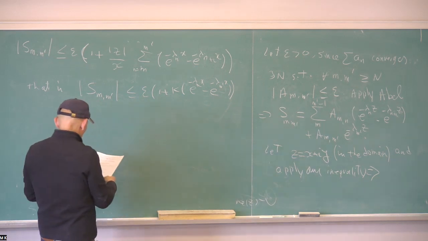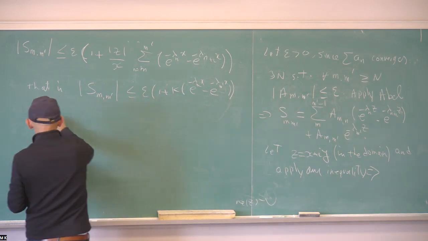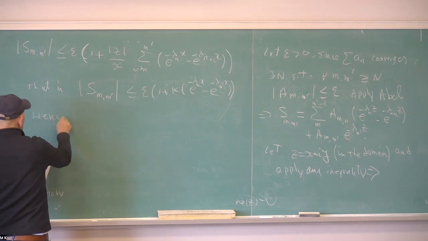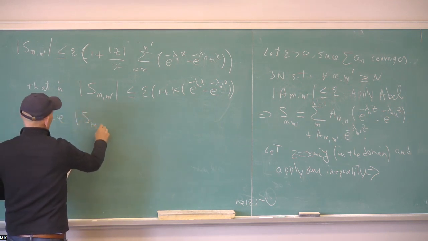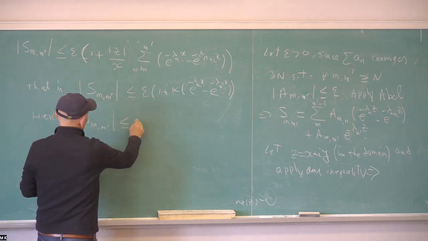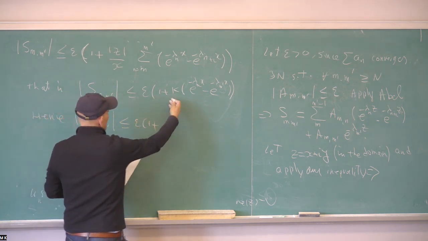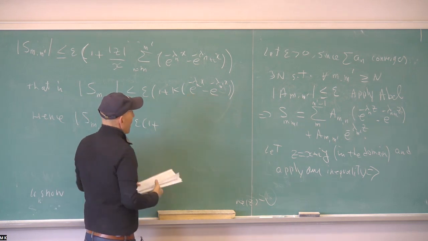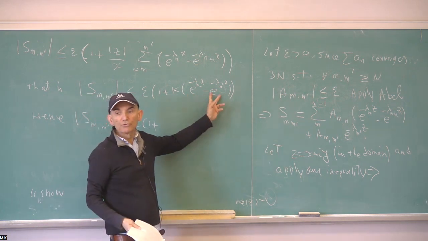So then this is less than or equal to epsilon times 1 plus, and because x is real, this is less than or equal to 2.